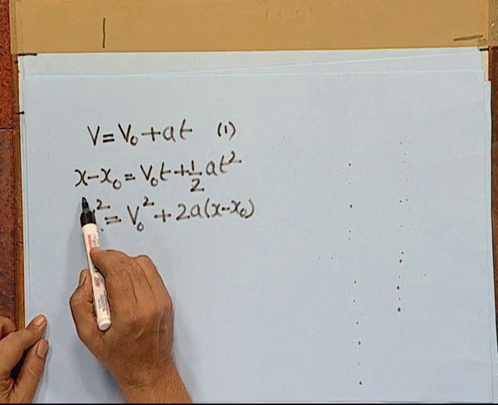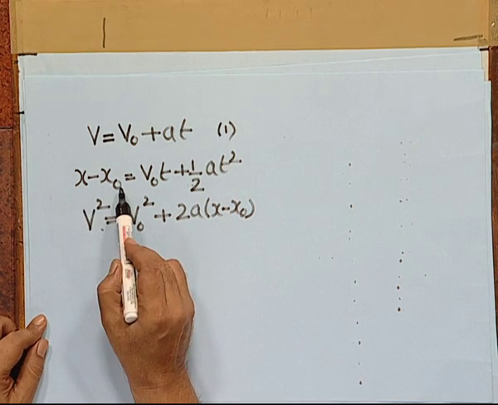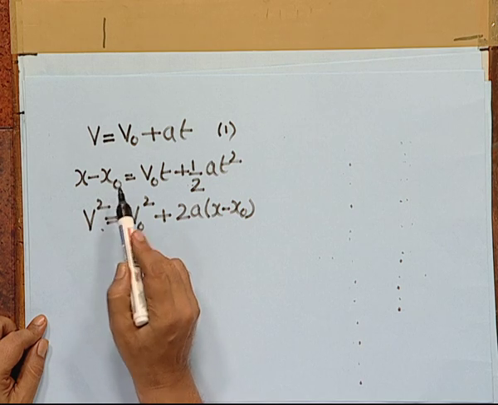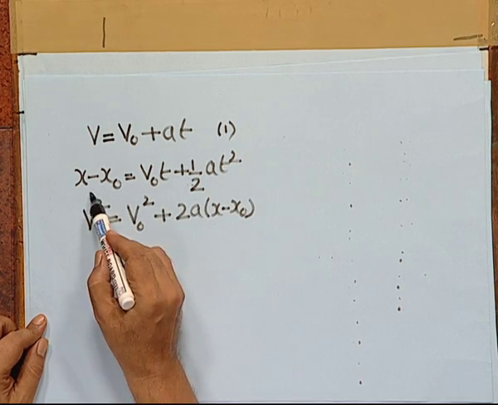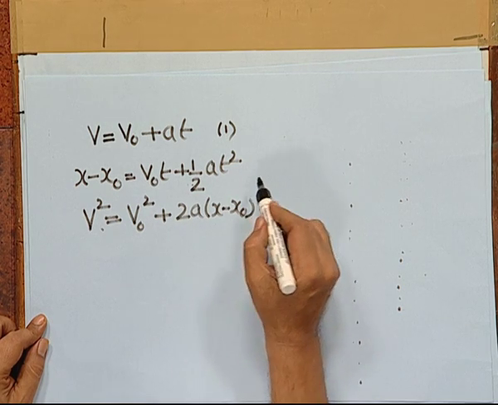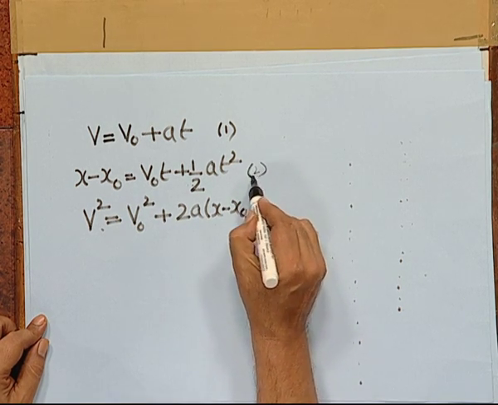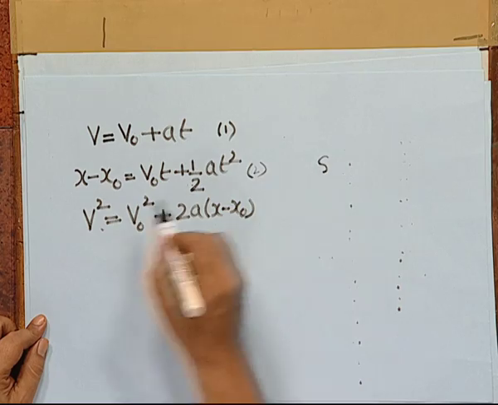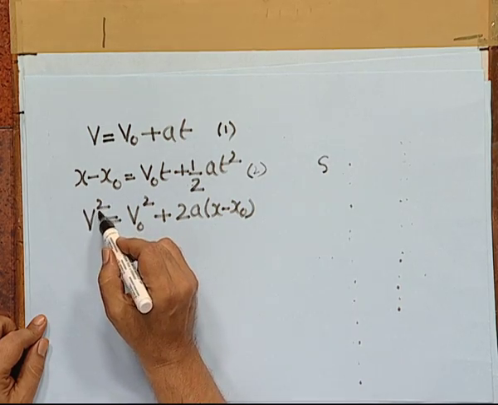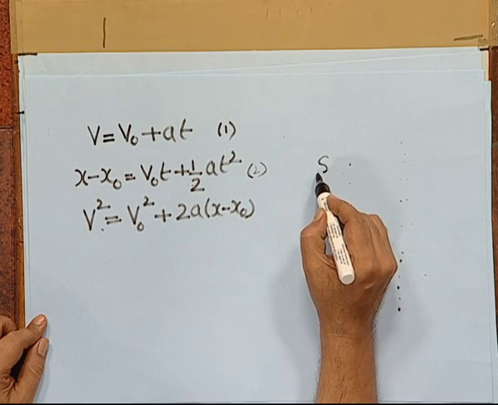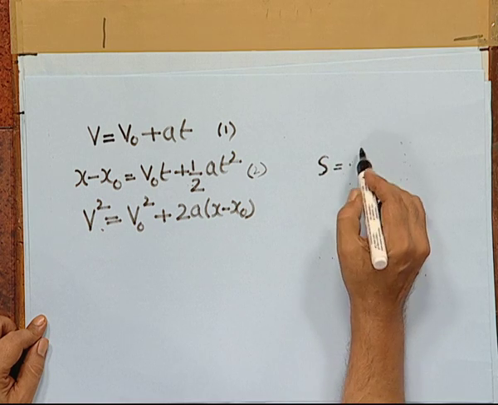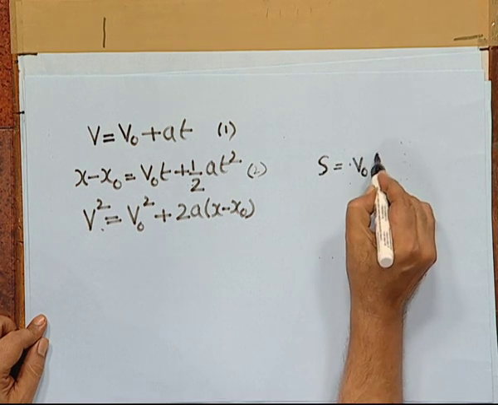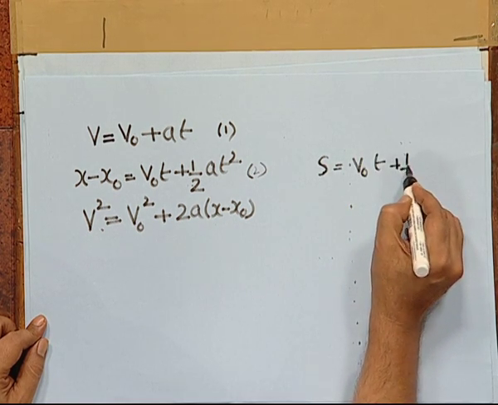The other one relates the change in position coordinate: x minus x naught is v naught t plus half a t squared. This equation, equation number 2, is sometimes also written with s, that is, x minus x naught is the change in position coordinate, represented as s, the displacement: s is v naught t plus half a t squared.